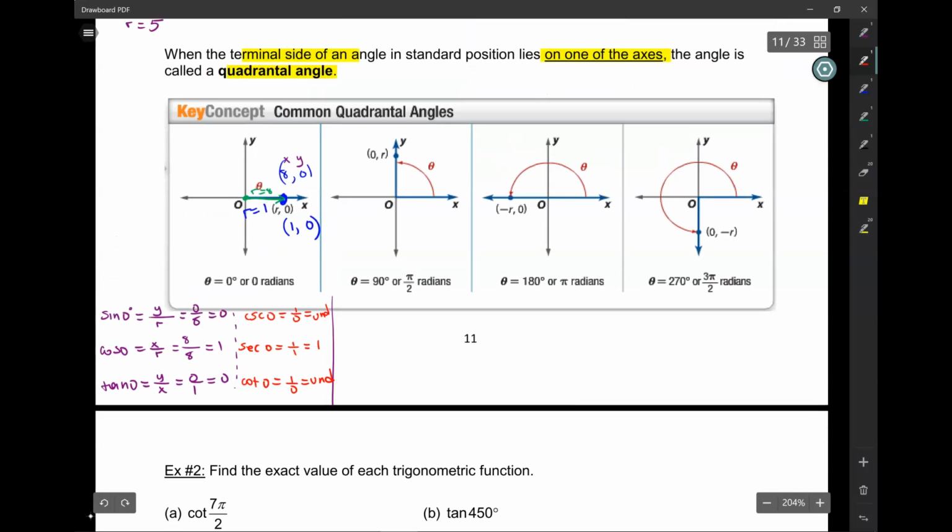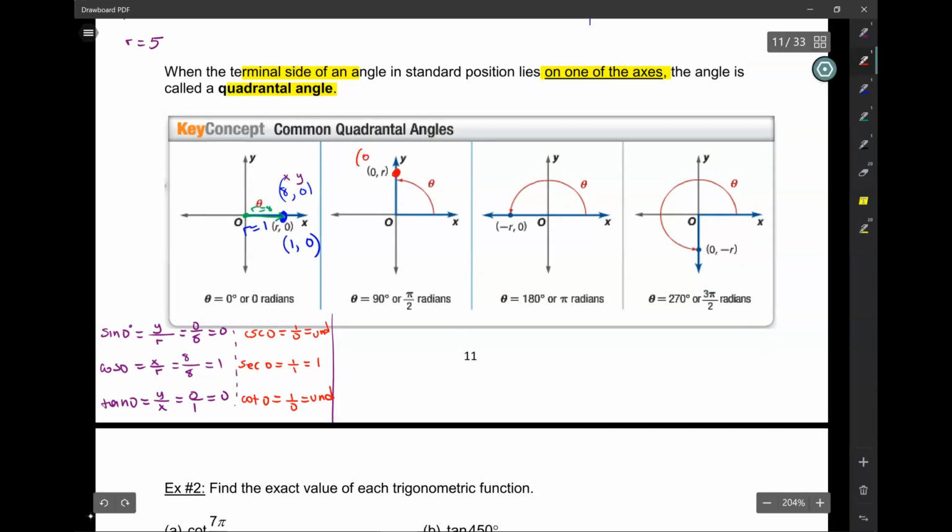All right, so fine. What if my point is here on the y-axis? Now, a possible coordinate point for that could be 0, 1, right? X is 0, y is 1. So what's the radius there? 1. Okay? The radius always has to be positive because that's a straight distance.